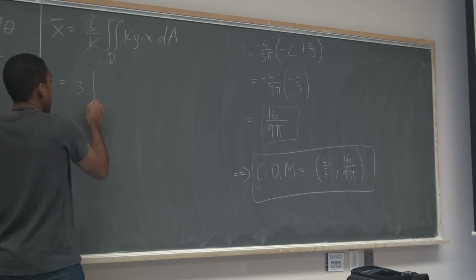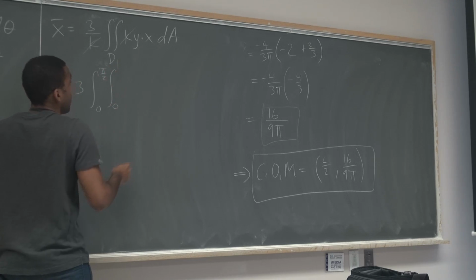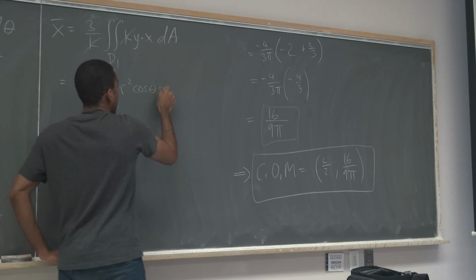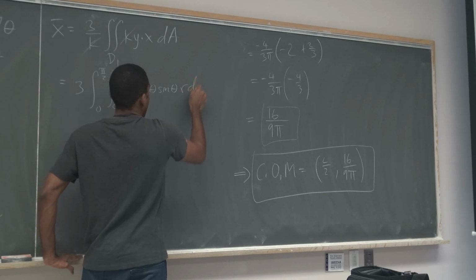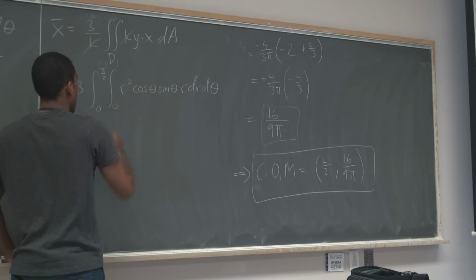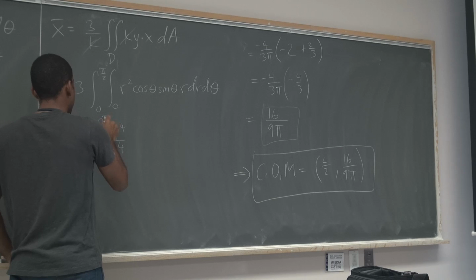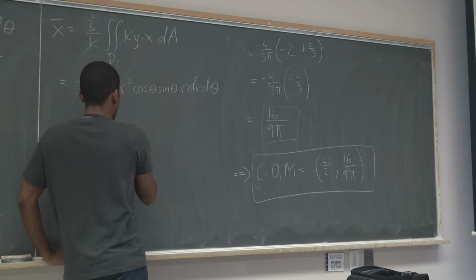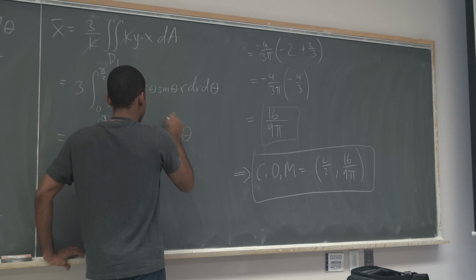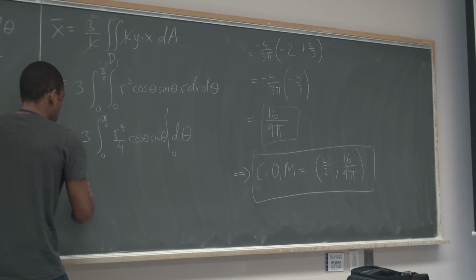So there's a 3 times the integral from 0 to pi over 2, 0 to 1, and x times y is r squared cosine theta sine theta times r dr d theta. That would be r cubed, so this is r to the 4th over 4 times cosine theta sine theta. That just becomes 3/4.